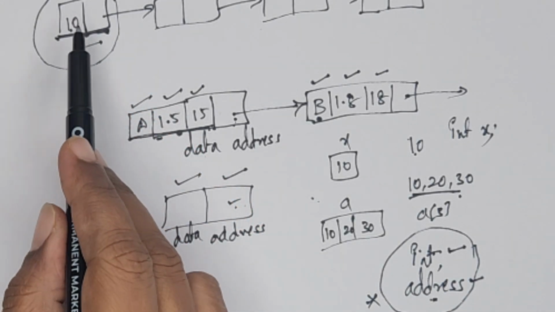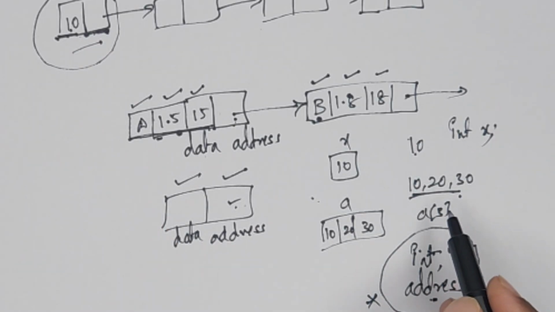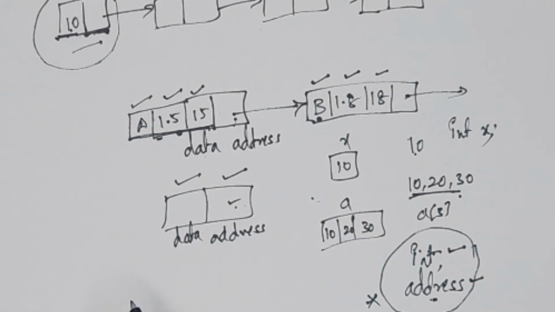Under a single name, I want to store this number and address. So the concept is: structure means a collection of heterogeneous elements.